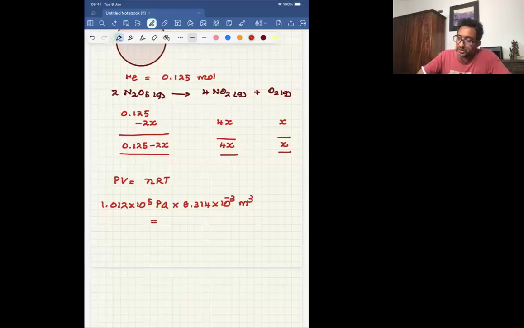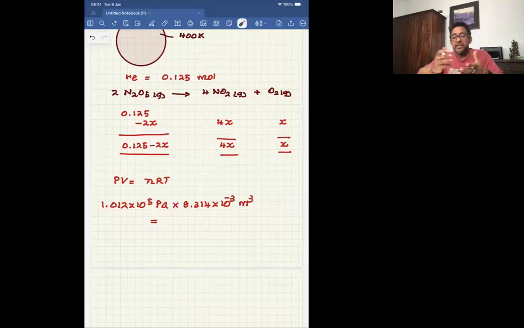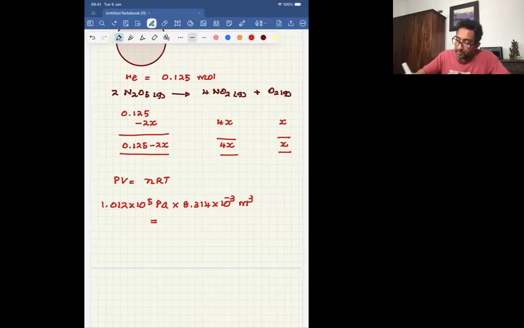Number of moles: I'm trying to add all these, these are all gases. 0.125 minus 2x, 4x, x, that is 0.125 plus 3x, plus another 0.125.